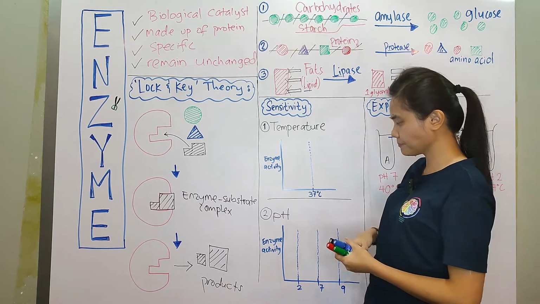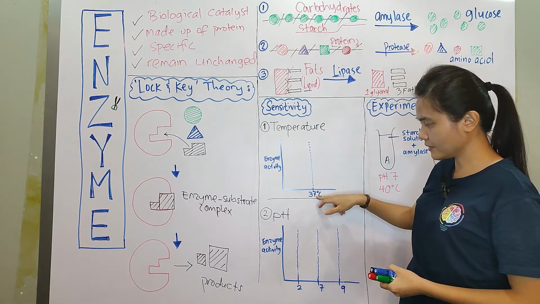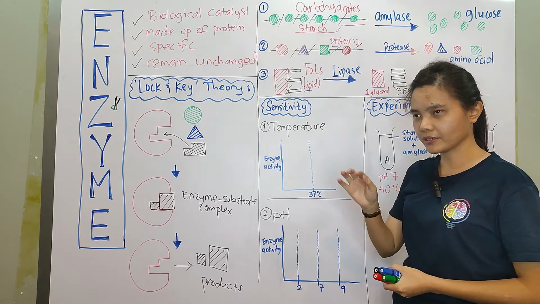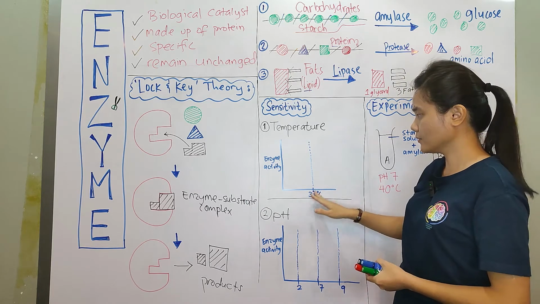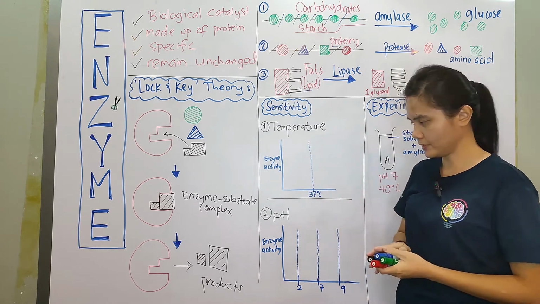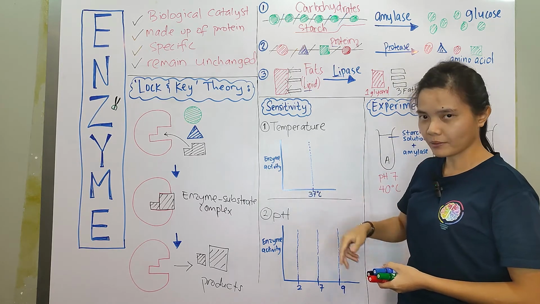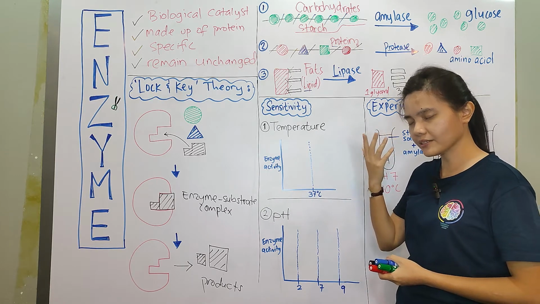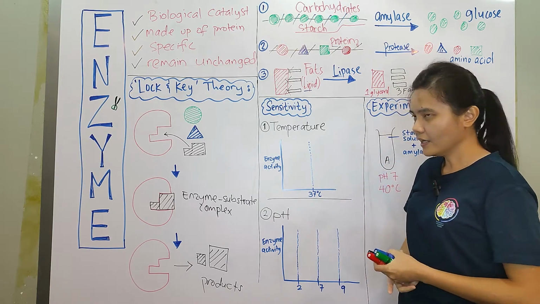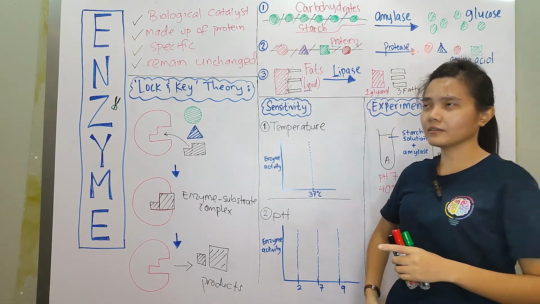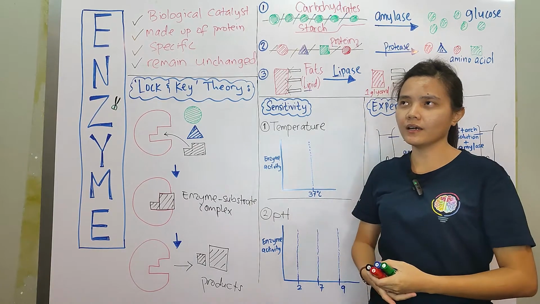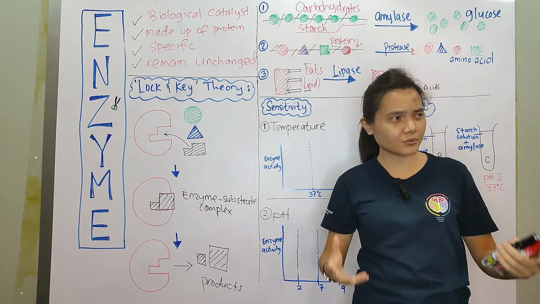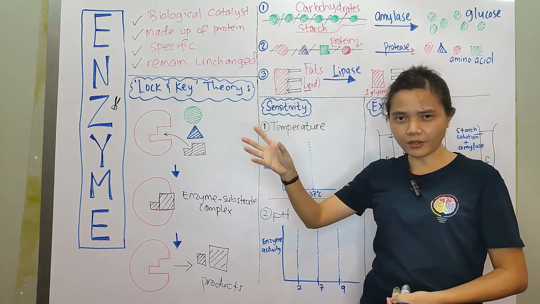So temperature, I put here 37 degree because that is your core body temperature. Your normal body temperature is around 36 to 37. So 37 is the optimum temperature. So what happened at low temperature? Just imagine enzyme is like yourself. Imagine outside is raining, and then you are in this room with aircon on.